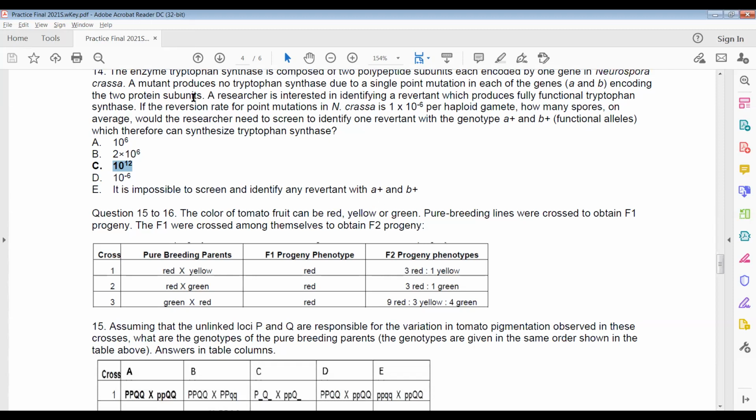So the chance is 1 times 10 to the minus 12.